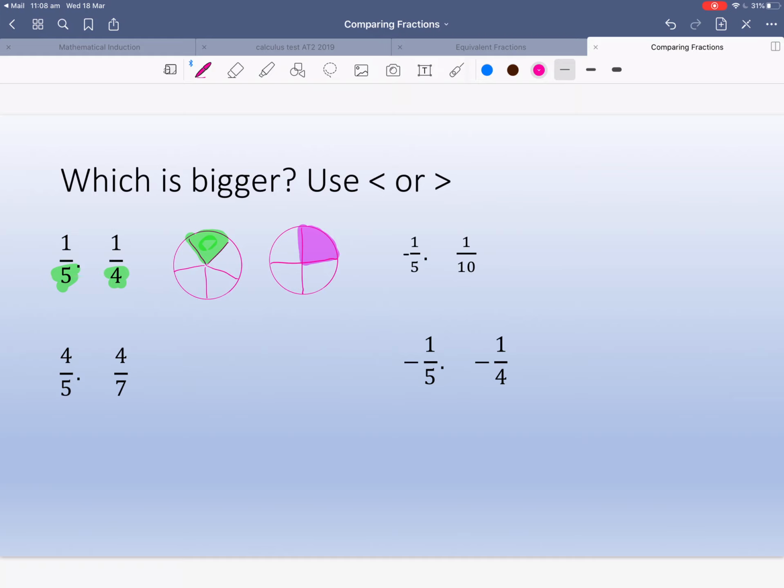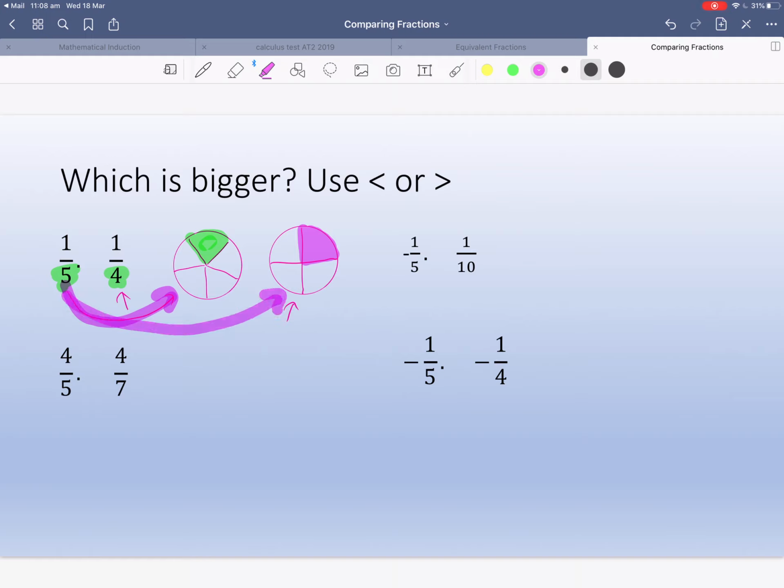So what does the bottom number do? It splits the pizza into 4 bits. This one split the pizza into 5 bits. So the same pizza now has smaller slices in the one that went into fifths. So 1/5 is definitely smaller than 1/4.